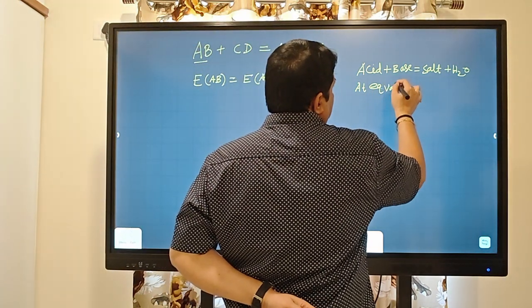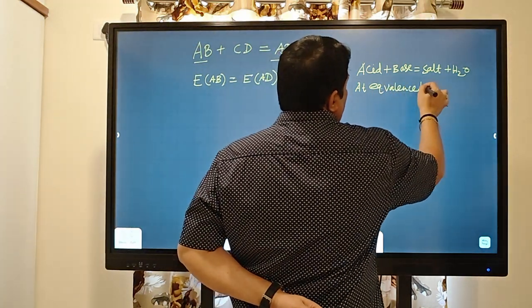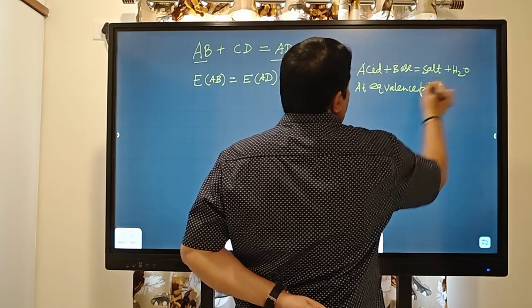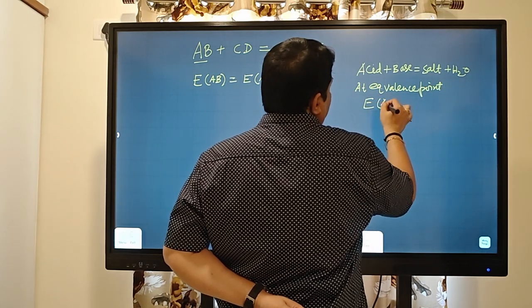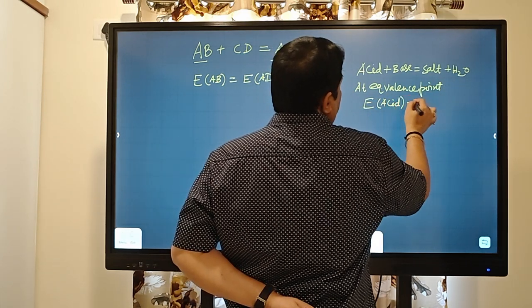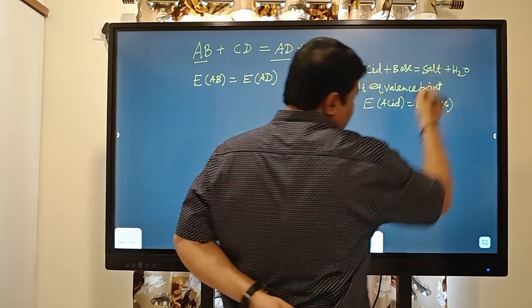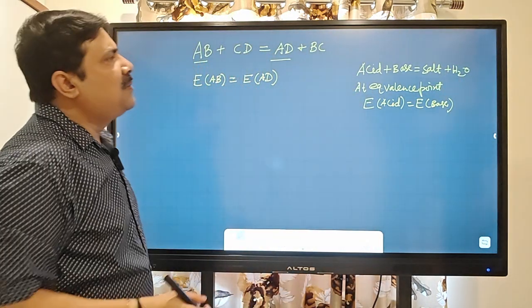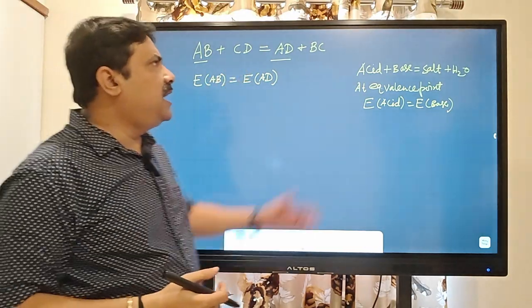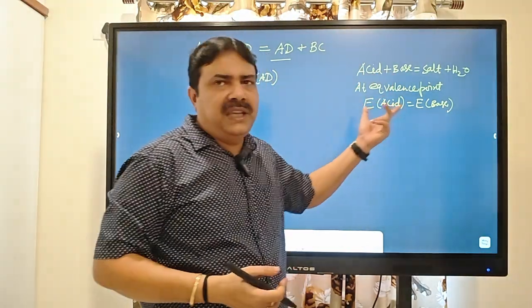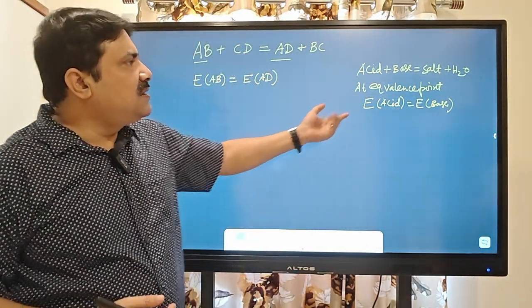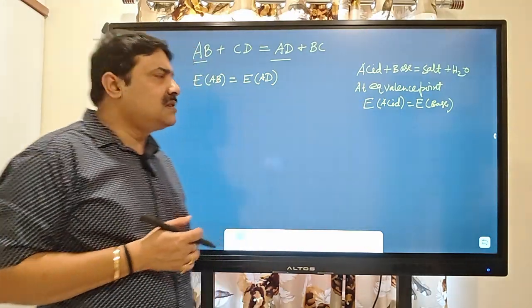At the equivalence point, equivalents of acid will be equal to equivalents of base, which will also equal equivalents of salt formed and water formed. But I do not need that; only these two things I need. Equivalents of acid will be equal to equivalents of base.